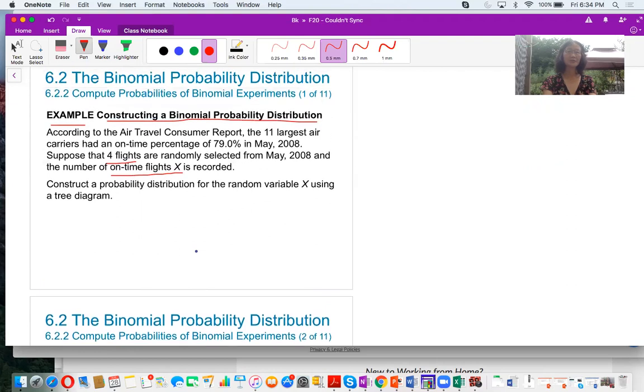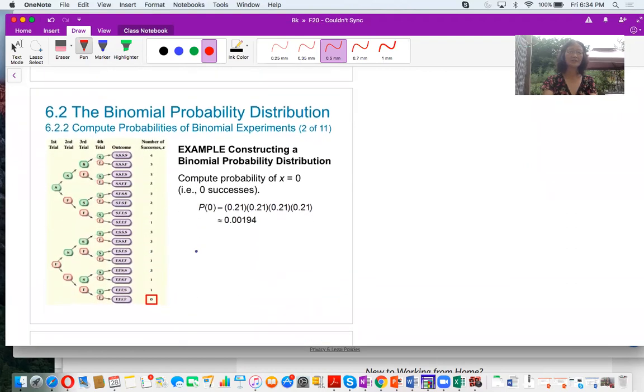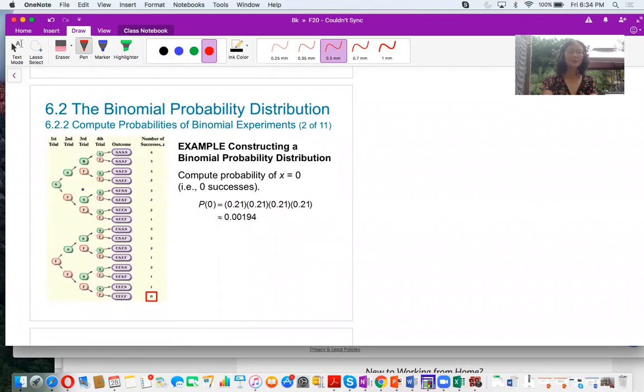Let me see. So we use letter S to represent success. Use letter F to represent failure. So success means on time in this situation. Failure means not on time.